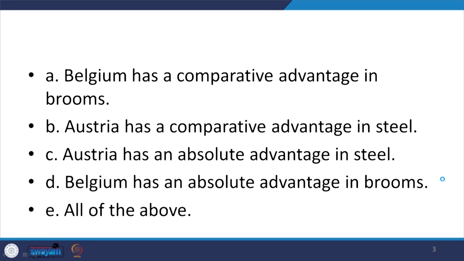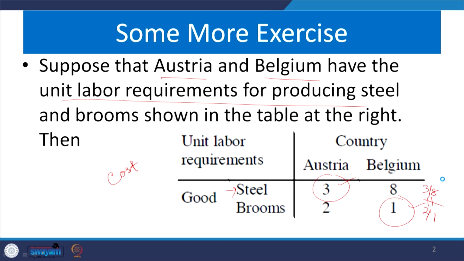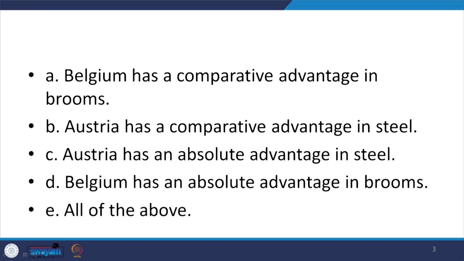Now, out of these 5 choices, which will be the right option? Belgium has a comparative advantage in brooms. Let us check. We have talked about comparative advantage, and we need to understand it. So, first of all, come to the absolute one. Austria has an absolute advantage in steel, is it right?